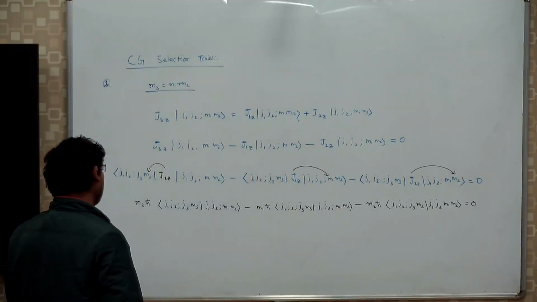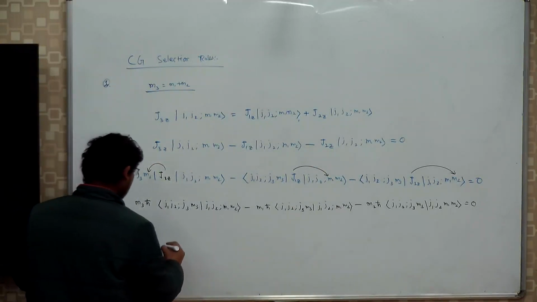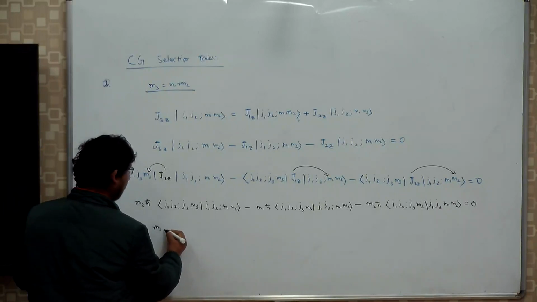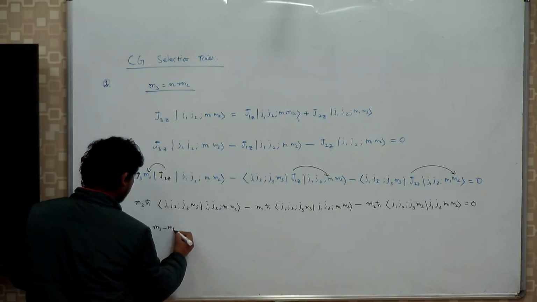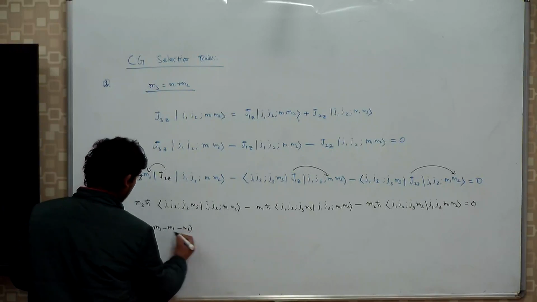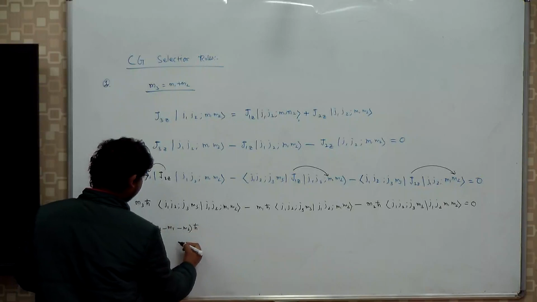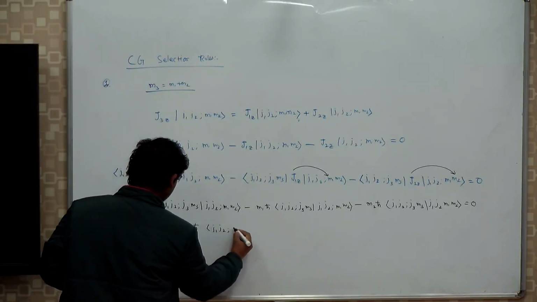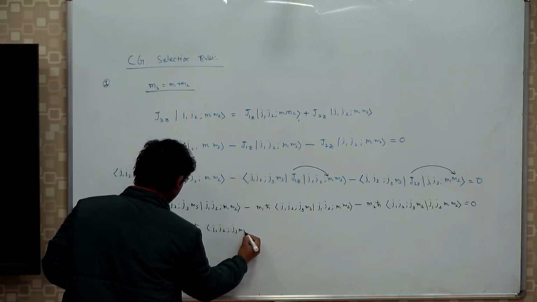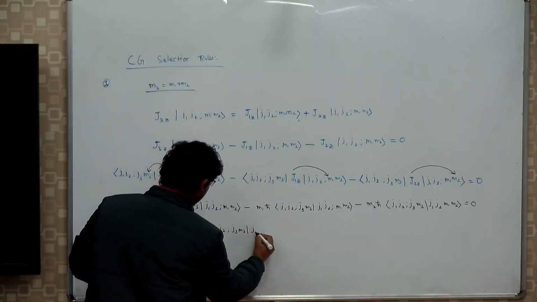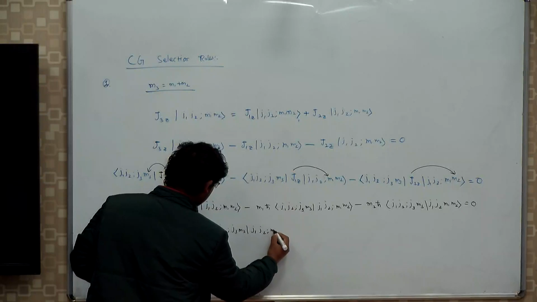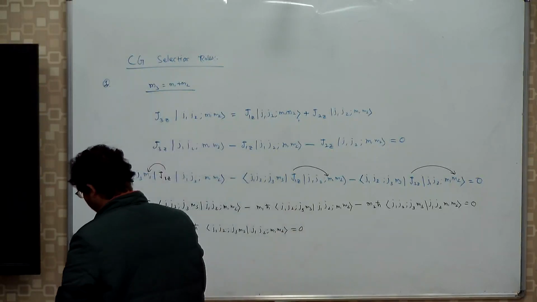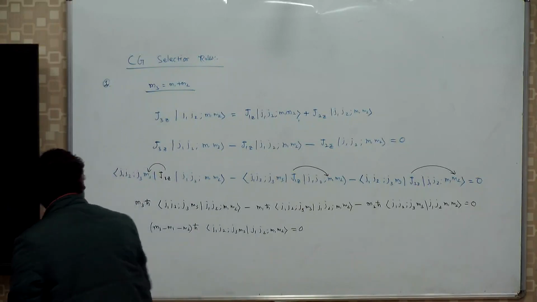So definitely we can write this equation as (m3 minus m1 minus m2) h cross <J1 J2 J3 m3 | J1 J2 m1 m2> is equal to 0. So finally we reach this point.